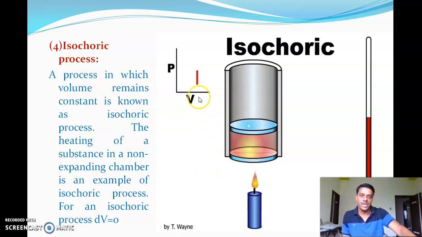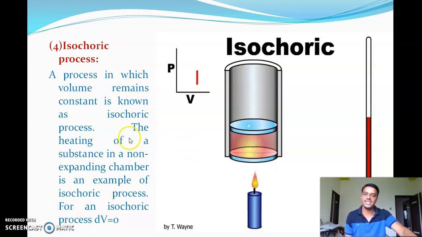Here volume remains constant because of this chamber which does not allow the gas to expand. And in an isochoric process, always delta V is equal to 0, since V1 is equal to V2. That is why the difference between them is also equal to 0.